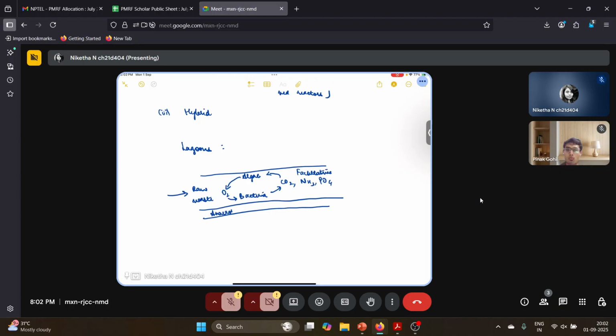In anaerobic, there will again be anaerobic bacteria, and these bacteria will convert the organics into methane, carbon dioxide, and ammonia. Since both aerobic and anaerobic processes are happening together, this condition is called a facultative condition.